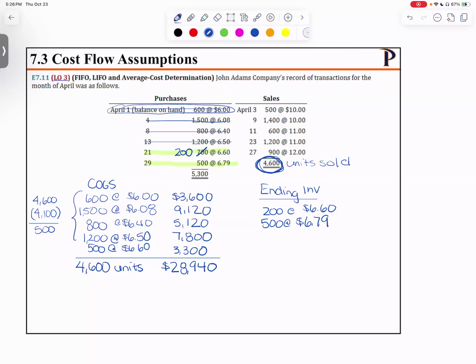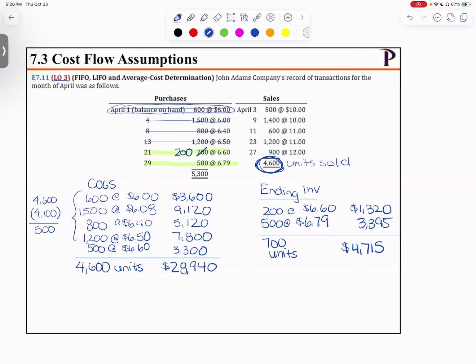So if we go ahead and multiply those out, we'll get 1,320 for our second to last purchase, and then 3,395 for our last purchase. And so we'll have a total of 700 units in our ending inventory with a total cost of our ending inventory of 4,715.